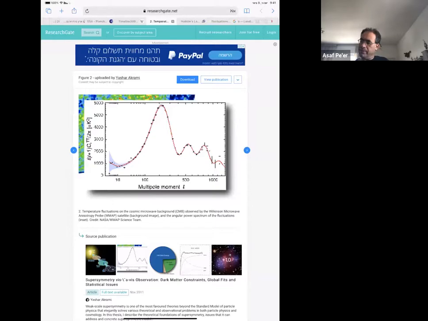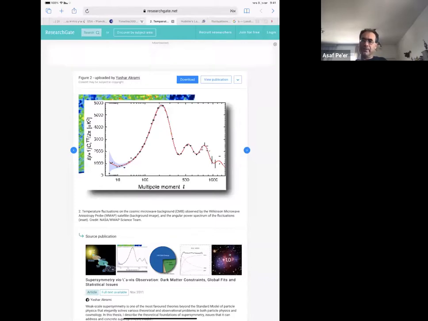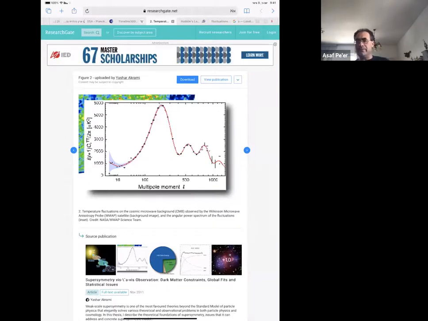There are some peaks and there are some dips, and they occur at very specific multipole moments. And they are really imprints of these waves, essentially oscillations that the baryons had before the decoupling, waves that were simply propagating in this big plasma.